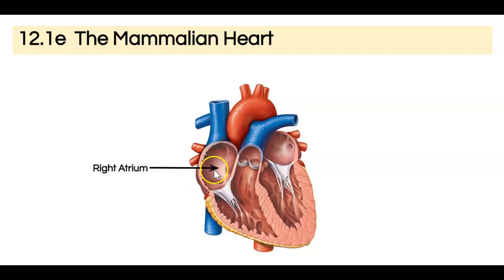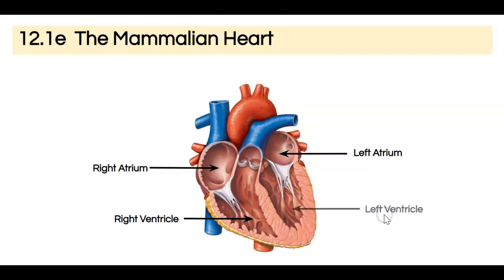So we have one chamber here, another one here, and another one up here. So the atria are both on top and the ventricles are both on the bottom. So as you would expect, this would be labeled our right ventricle. Here would be our left atrium. And then, of course, our left ventricle. Okay, so the atria again on top and the ventricles on the bottom.